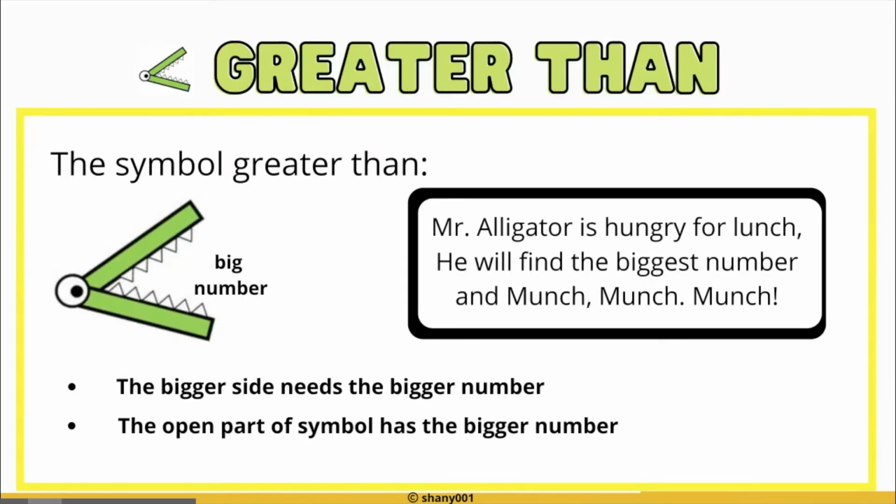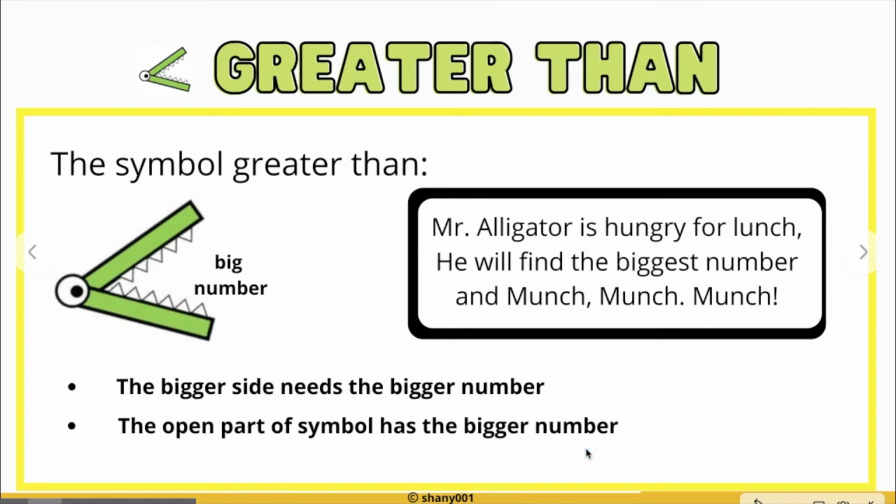Greater than. The symbol greater than always eats the bigger number. The bigger side needs the bigger number. The open part of the symbol has the bigger number.